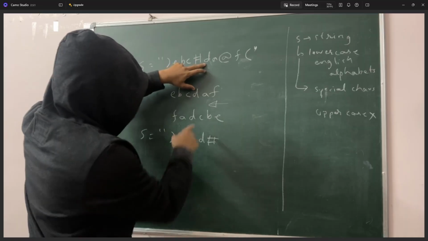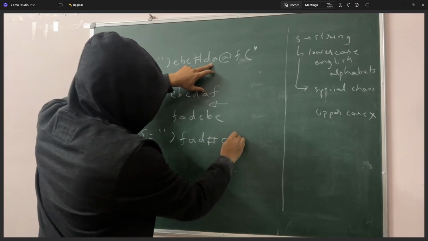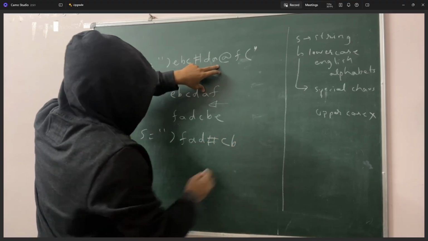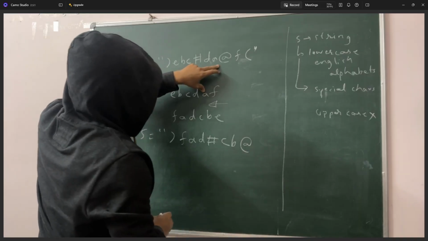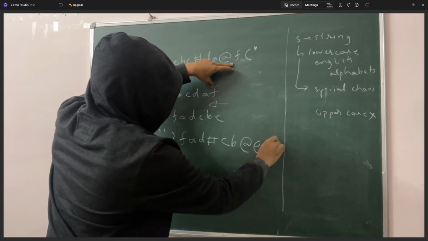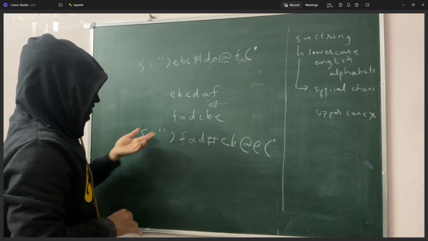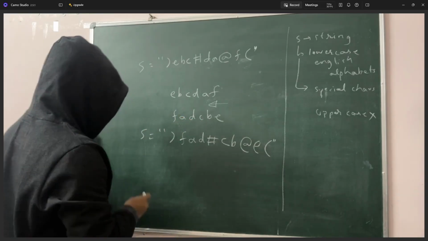Then we have D, in place of D we replace C. Then we have A, in place of A we replace B, and we have @. Then we have F, and F is replaced with E. Then we have the closing parenthesis. So this is the string after reversing the lowercase English letters.